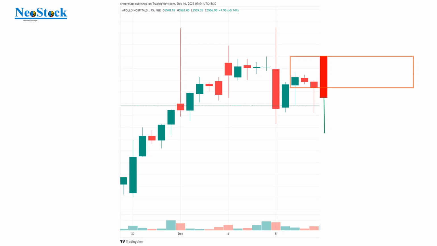We have two types of locations. One is buyer's location and another one is seller's location. Of course, you have a third type, that is equilibrium. Time being, let us leave that. By drawing the supply zone, we identified seller's location. Where did you identify the zone?